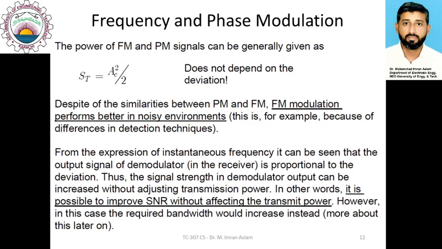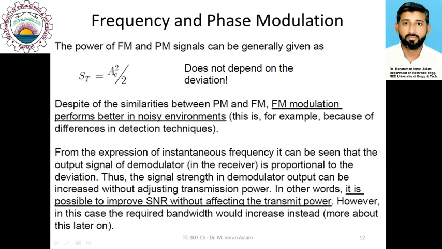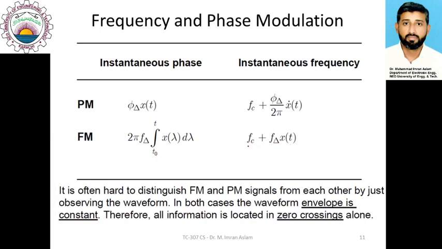As I also previously mentioned, it is possible in the FM case to have a better signal to noise ratio without increasing the signal power, and that better signal to noise ratio comes from the fact that the instantaneous frequency is dependent on this x(t) and F delta.